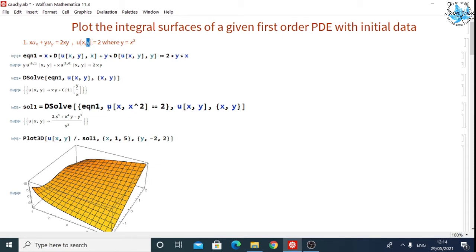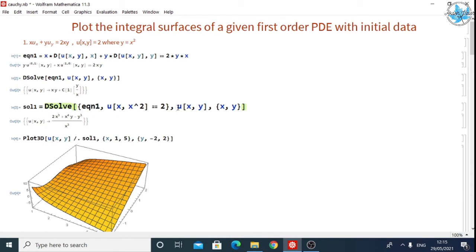So I write u(x, x²) double equals 2, which is already given. Then, separated by commas, u(x, y), and you can see the solution after putting the initial condition.